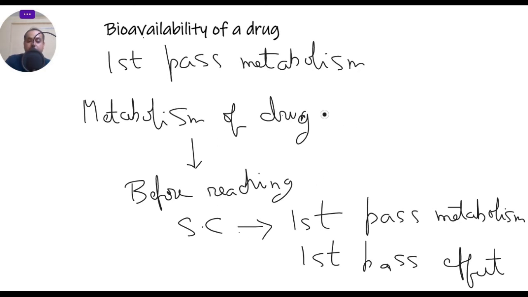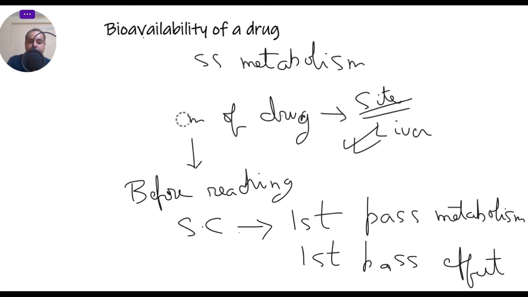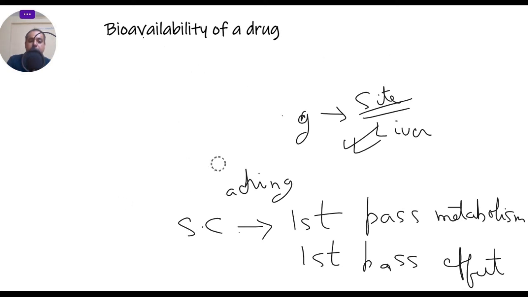And where is this metabolism mainly occurring? The site is in the liver. So that is where the metabolism is mainly occurring, right? This is known as the first pass metabolism or the first pass effect, right?